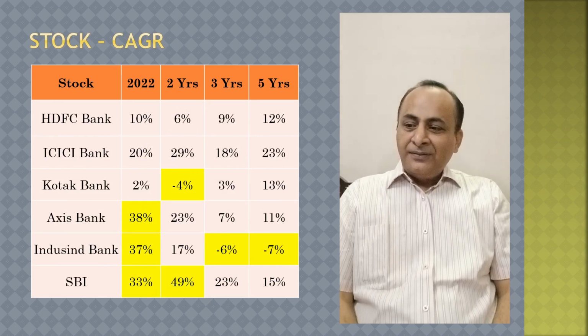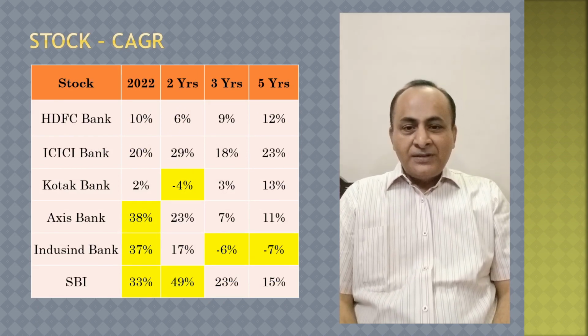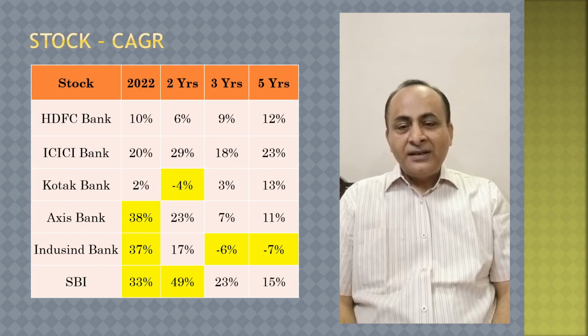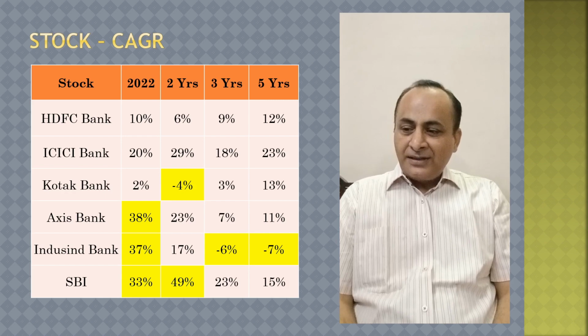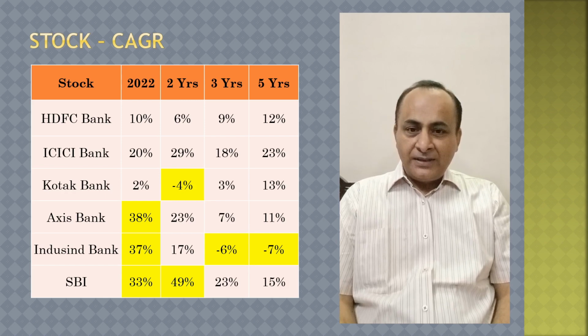Again, whether we look horizontally or vertically, we find so many CAGR related issues. Axis Bank did fantastic last year, 38%, but its 5 year CAGR is 11%. IndusInd Bank, for the last 5 years, gave you minus 7%, and last year it gave you 37%.